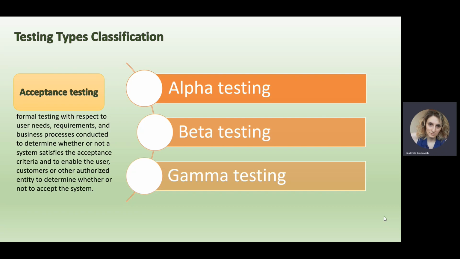But gamma testing is killed off by decreased time cycles, the competitive pressure of today's market, and its profit is doubtful. So the main types of acceptance testing today are alpha testing, inside the organization, and beta testing, done by a selected group of users on their devices.